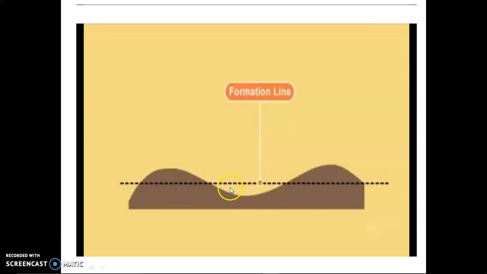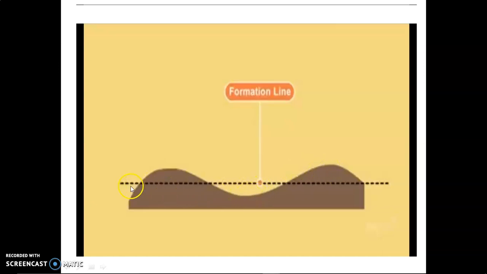So this is the formation line. When we construct a road, first we have to draw an imaginary line that is called the formation line. With the help of this line, we design and construct our road. Here there is an embankment, here there is an embankment, and here there is a cutting. Sorry, here there is a filling. Here cutting is required, here cutting is required, and on that side filling is required.